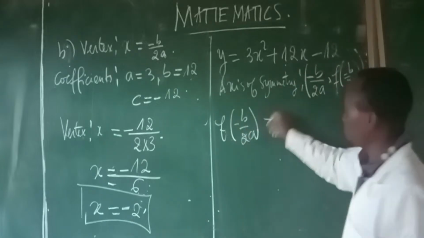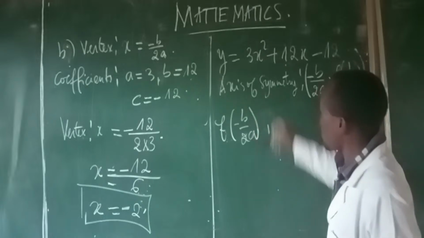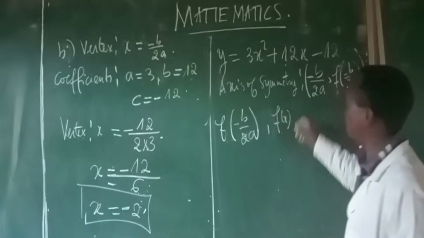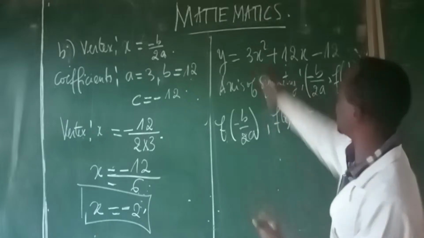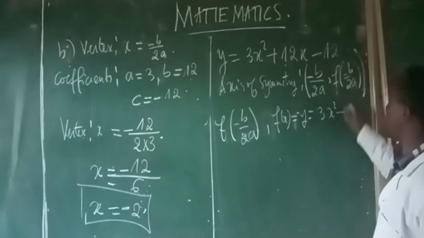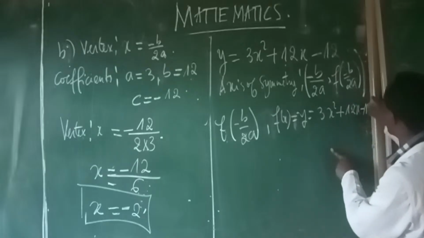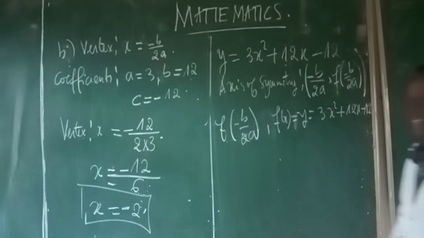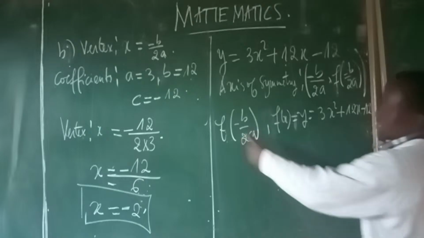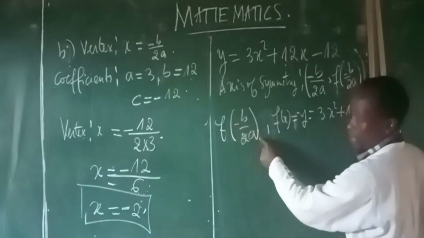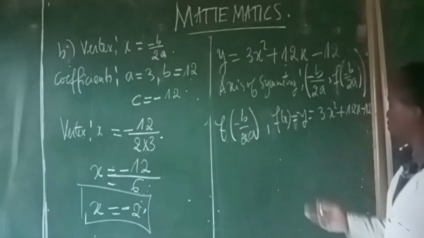How is our f? Our f of x is equal to 3x squared plus 12x minus 12. Right? So now we're going to substitute that minus b over 2a, which is equal to minus 2, into our quadratic formula.